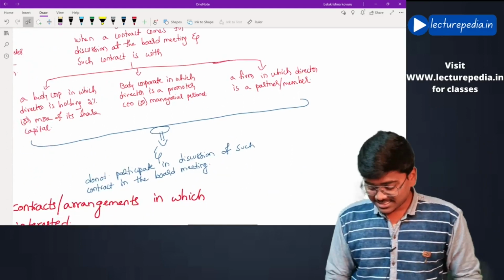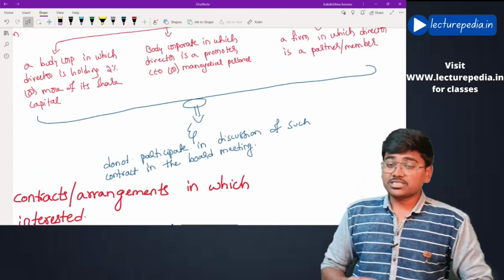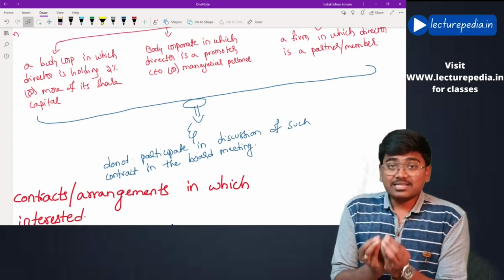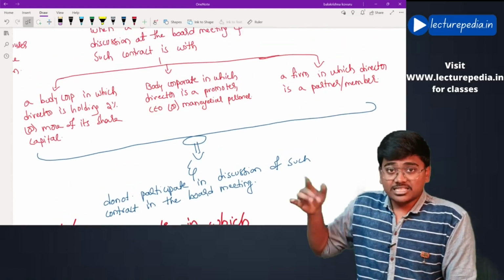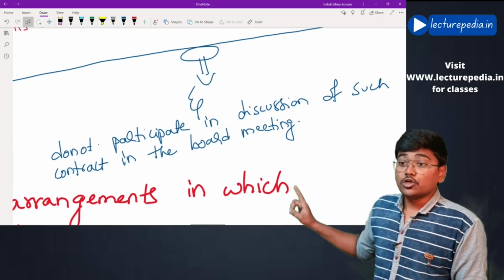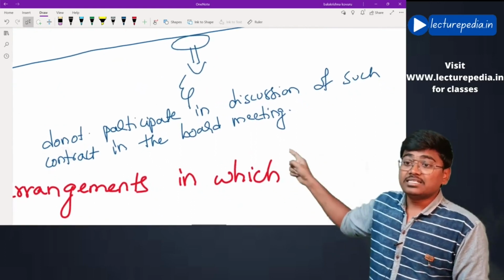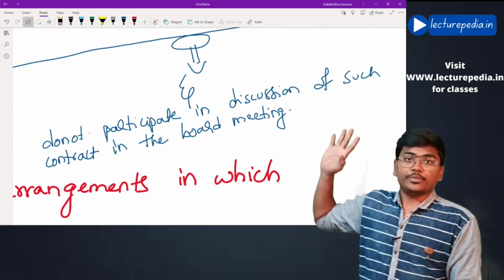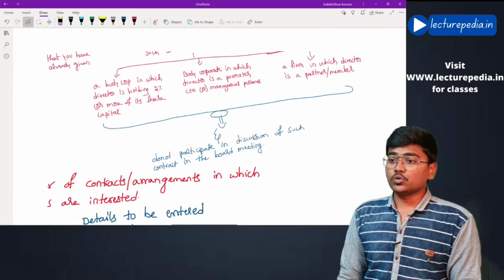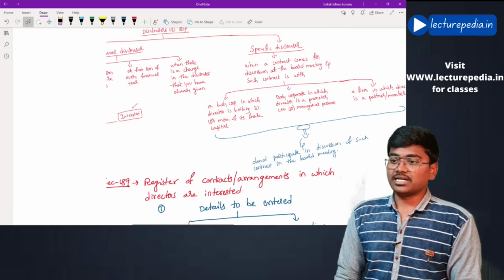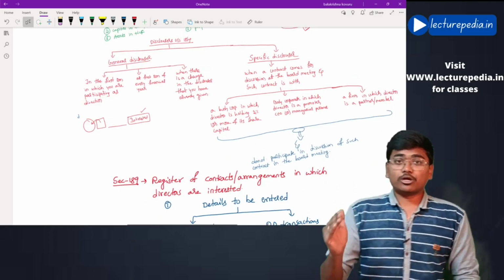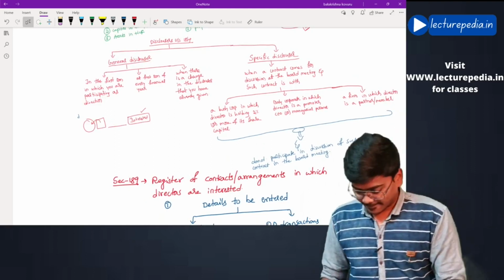In these 3 scenarios, the director must disclose that he is having interest in this contract, and not participate in the discussion of such contract in the board meeting. This is relating to disclosures by the director. By that, we have completed section number 184.